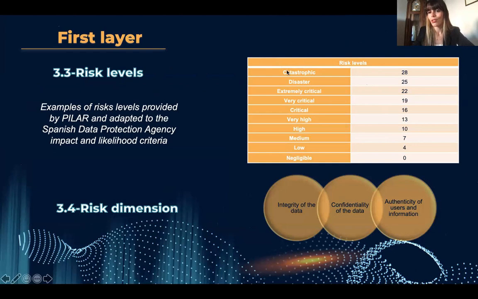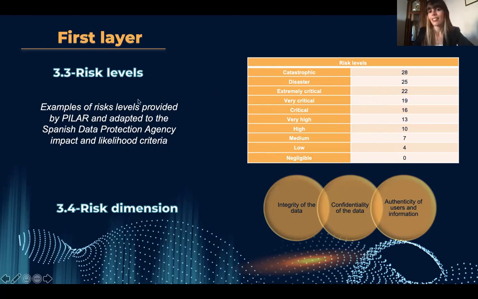I would recommend to determine the highest risk level by multiplying the maximum likelihood by the maximum impact, and the opposite, to obtain the lowest risk level, by multiplying an unlikely threat by a negligible impact. In the middle, we can create as many risk levels as we desire, but keeping proportionality between them.